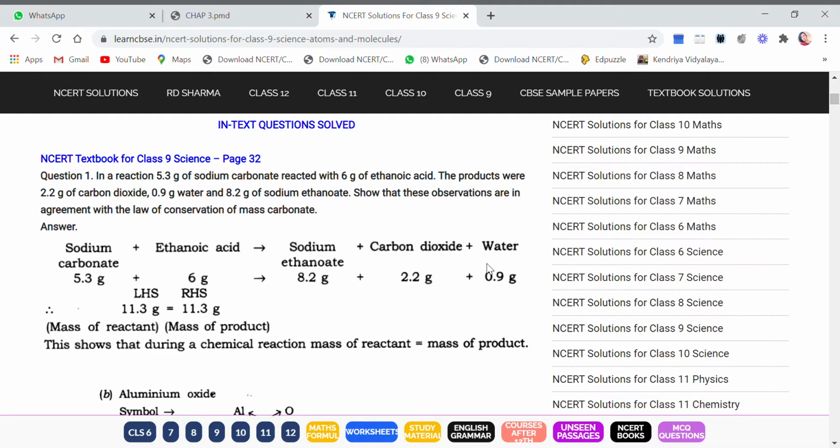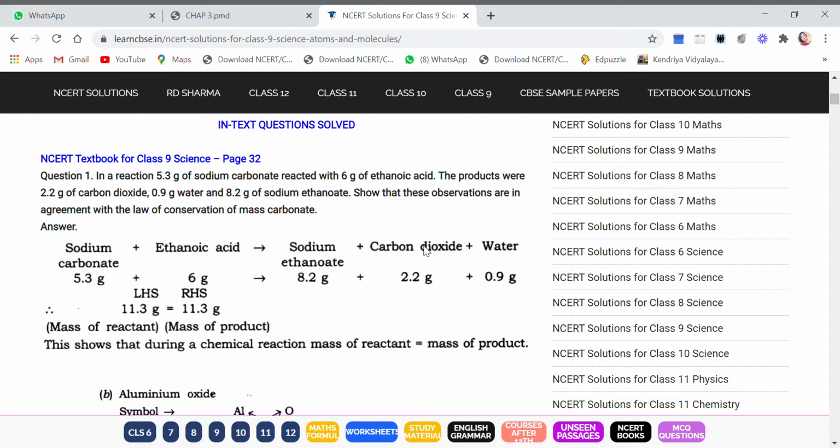Whatever is given in the question is written in the form of an equation. Now the question says, show that these observations are in agreement with the law of conservation of mass. That means, what are they asking you? They are asking you whether this equation is following the law of conservation of mass.